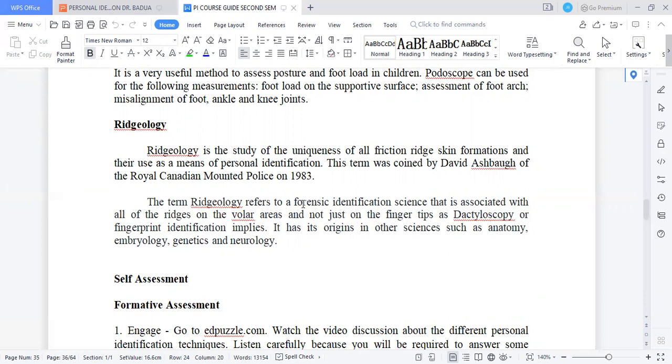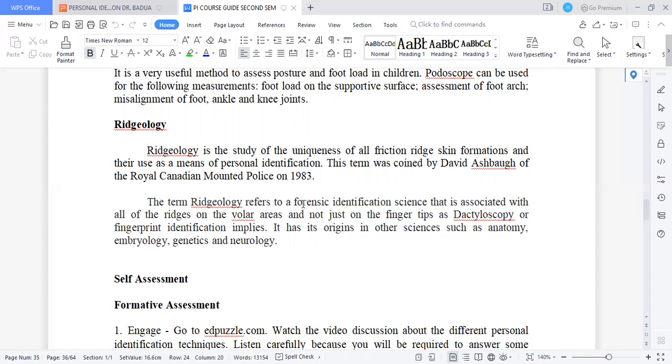So that's why it is again considered an accurate way to establish identity of a person. Accordingly, the definition provides that it is associated with all of the ridges and the volar areas and not just on the fingertips as in dactyloscopy. So it has a wider scope. But when we talk of dactyloscopy, it's just on the fingertips.